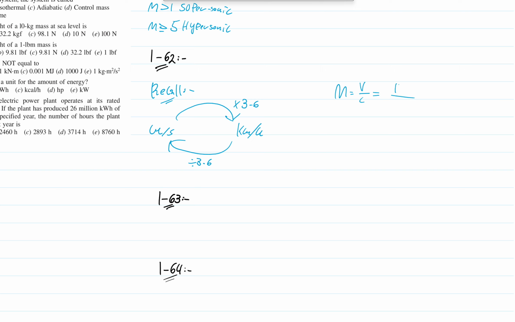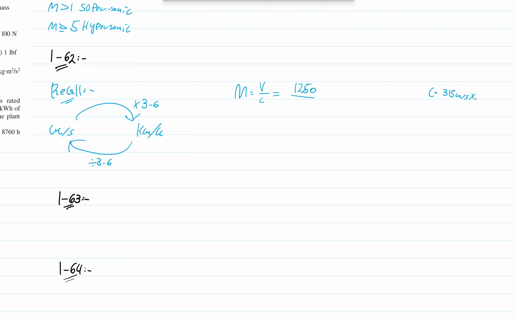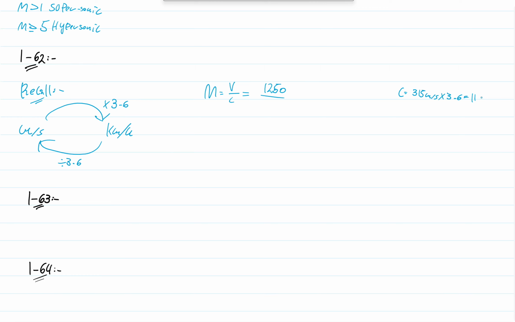The velocity is going to be 1250. c is going to become, I'll show you guys how I found it. c is equal to 315 meters per second multiplied by 3.6, which is going to give us how much? 1134 kilometers per hour. 1134, which is going to give us the answer of 1.1.